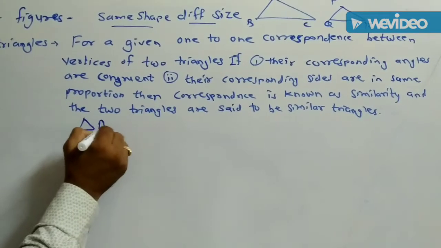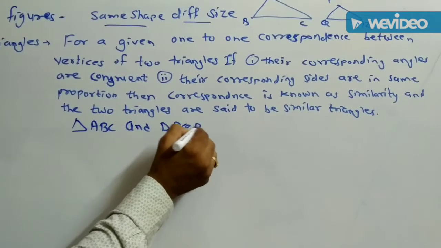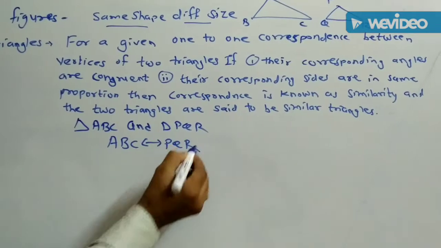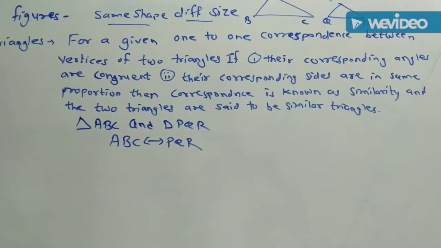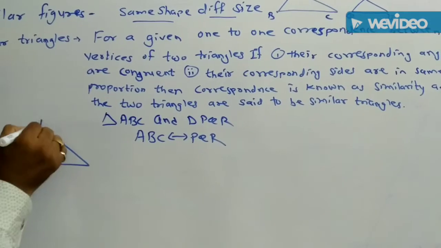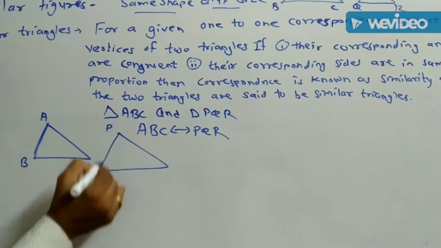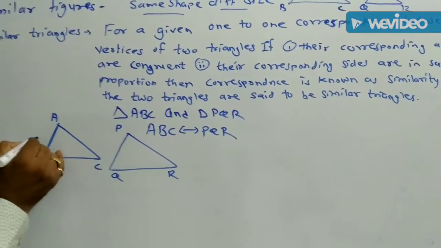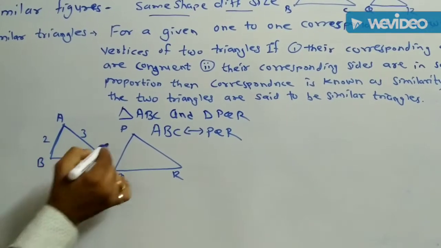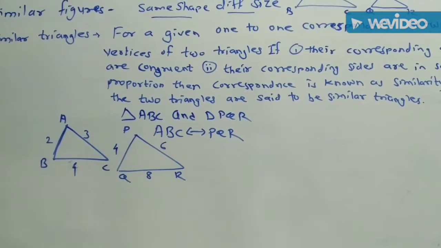For example, suppose two triangles are given, triangle ABC and triangle PQR, and the correspondence of the vertices is ABC corresponds to PQR. Suppose this is triangle ABC with sides 2, 3 and 4, and another triangle PQR with sides 4, 8 and 6.